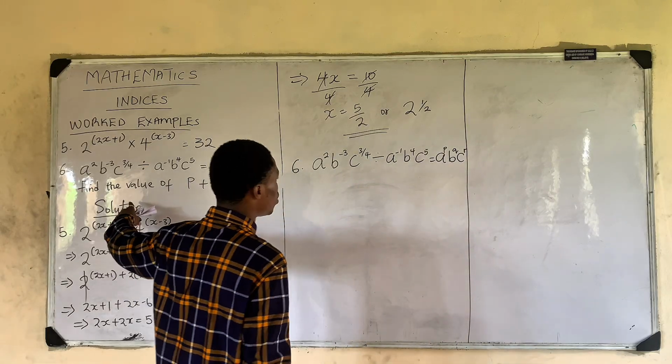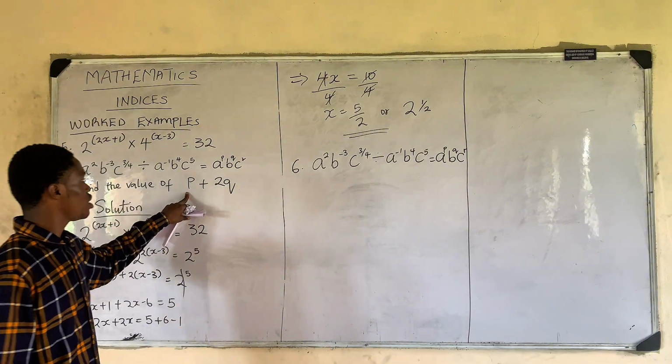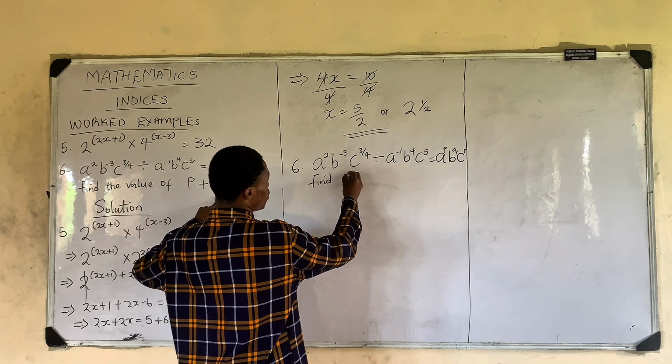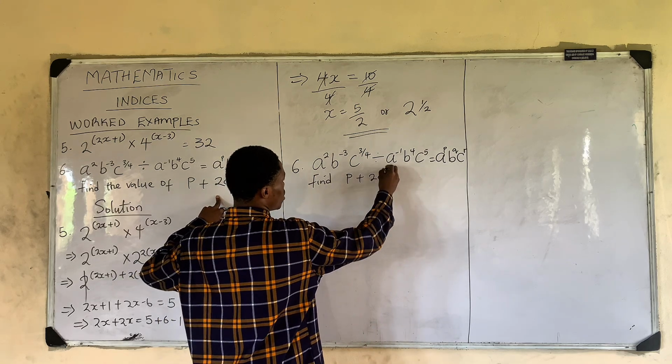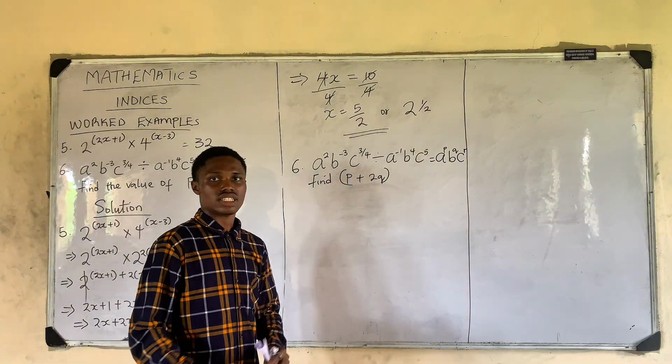Now, the main question for number 6 is find the value of P plus 2Q. So we have find what? P plus what? 2Q. This is what you are going to solve after simplifying it.